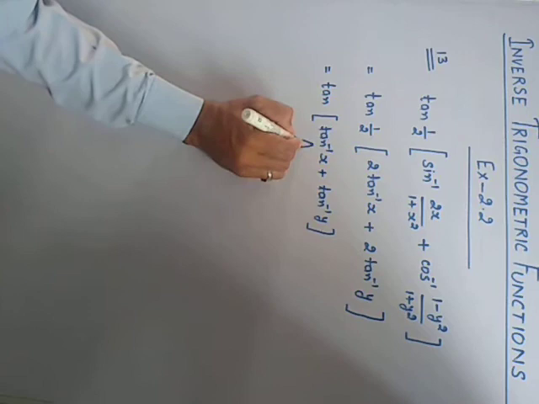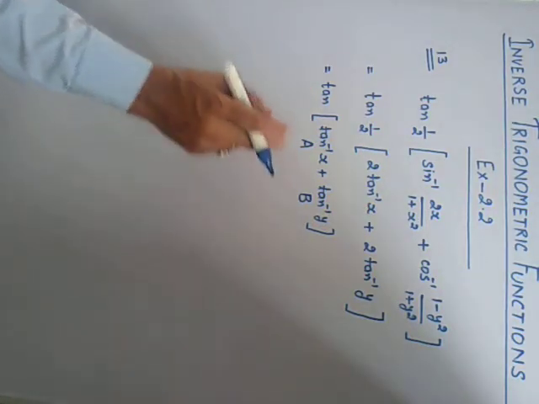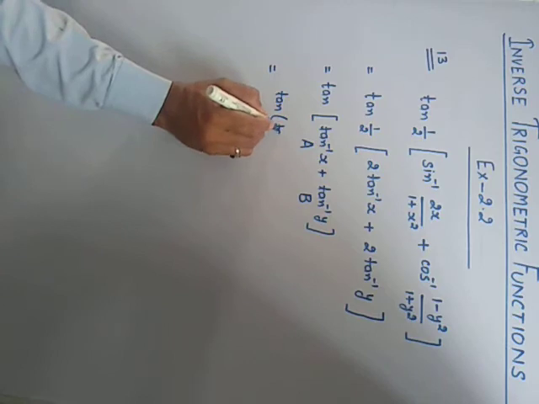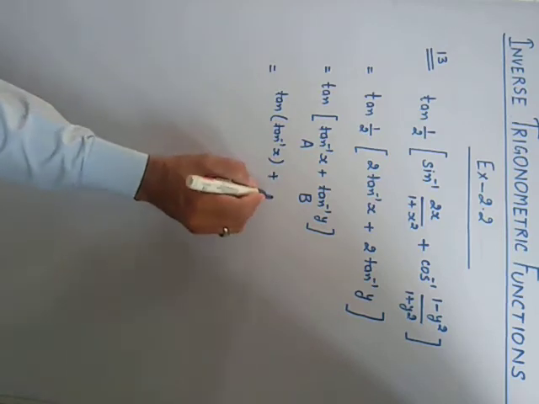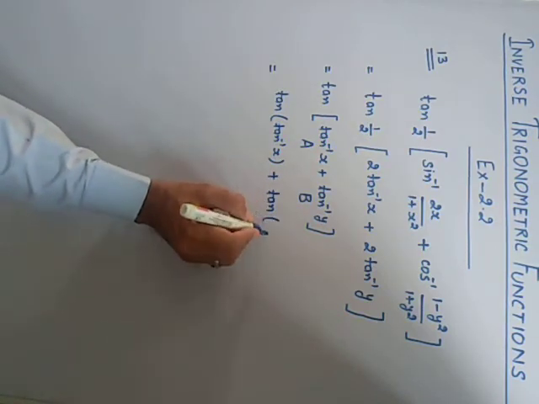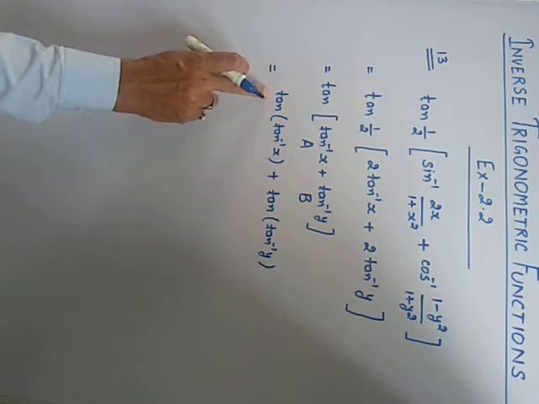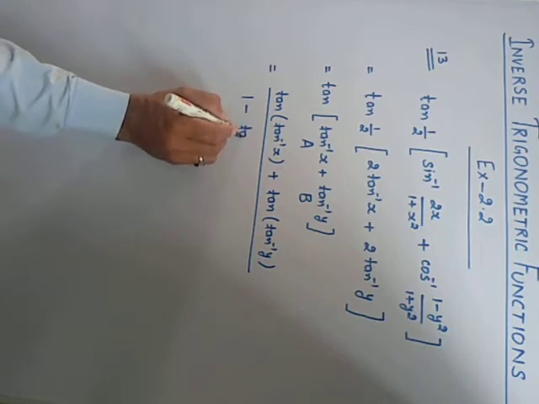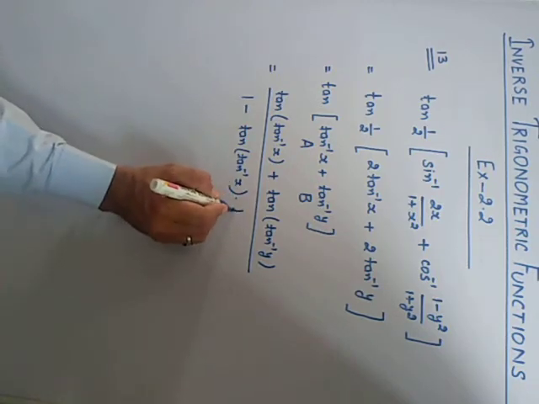Now if we assume tan inverse x as A and tan inverse y as B, we will apply the formula tan A plus B, which equals tan A plus tan B upon 1 minus tan A into tan B. A stands for tan inverse x, B stands for tan inverse y.